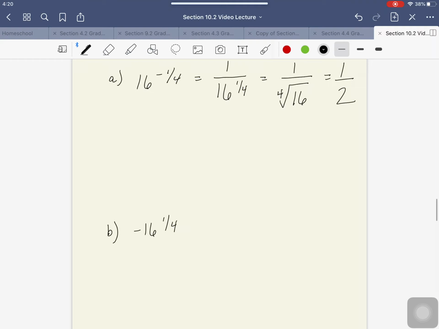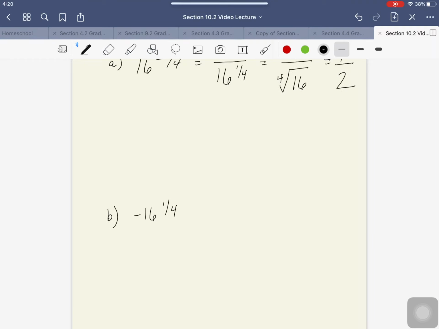Okay, so distinguish between that one and this one, where I'm not going to flip anything because my exponent is not negative. So this would equal negative 4th root of 16, which would equal negative 2. Okay, and notice that the negative goes outside of the radical because it's not in parentheses. The exponent only applies to what is immediately in front of it.